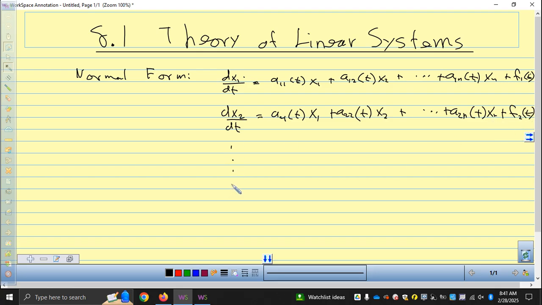And we have n of these. dxn/dt is an1 of t, x1 plus an2 of t, x2, plus dot dot dot plus a sub nn of t, xn, plus f sub n of t.